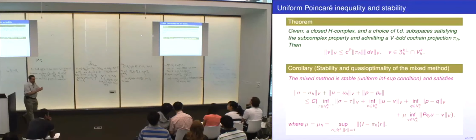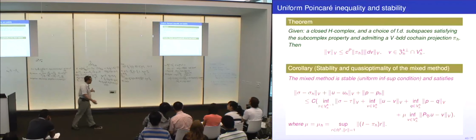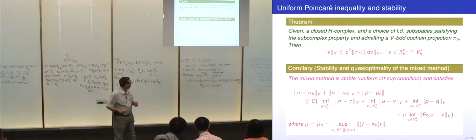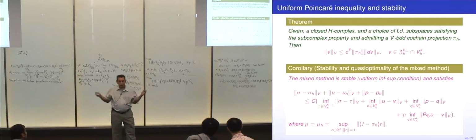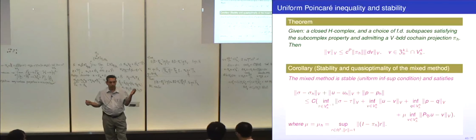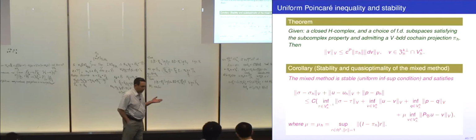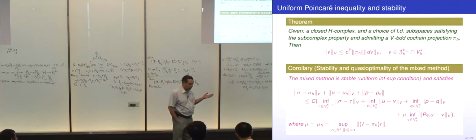Okay, and now the next theorem has a zero-line proof because we already proved it. We know if you have a closed Hilbert complex, and a finite dimensional one is always closed, then the mixed method is well posed, and the inf-sup constant depends only on the Poincare constant.